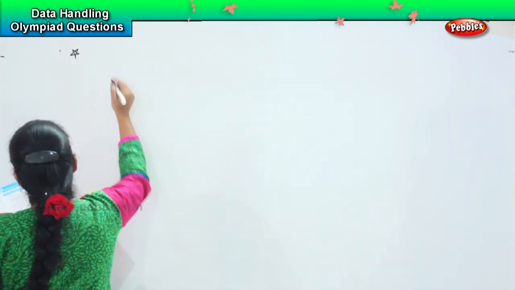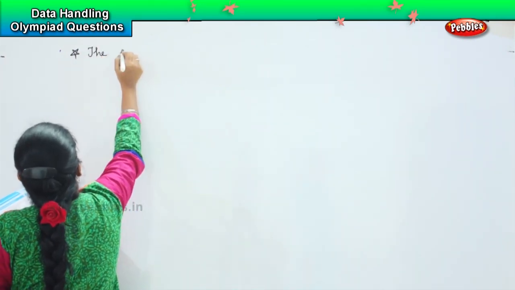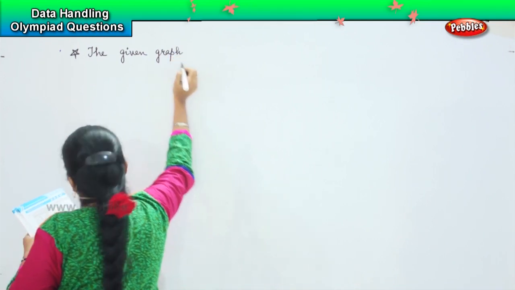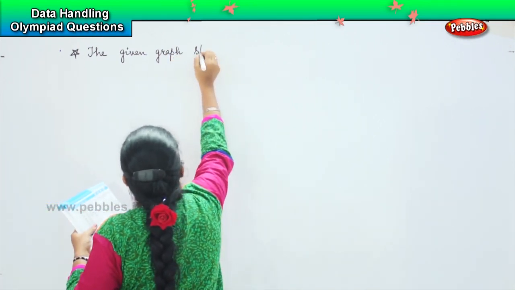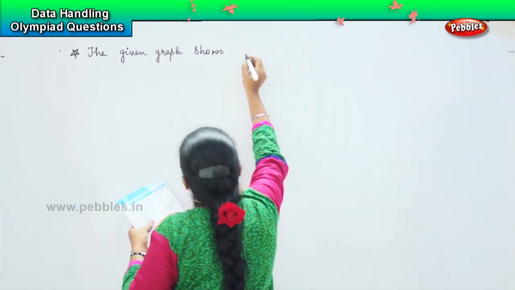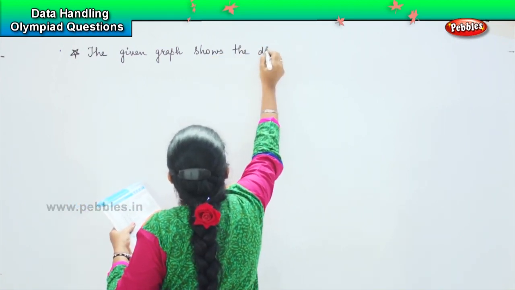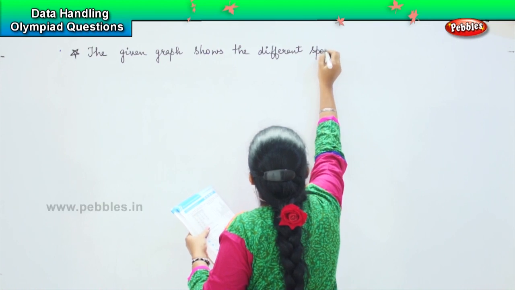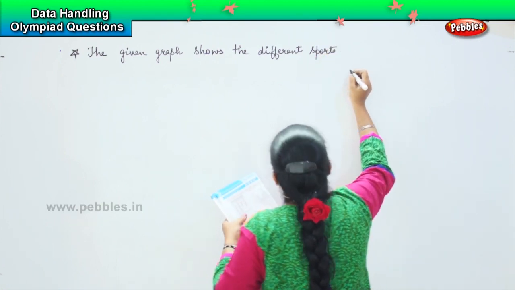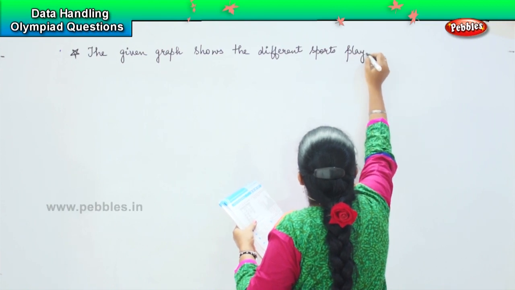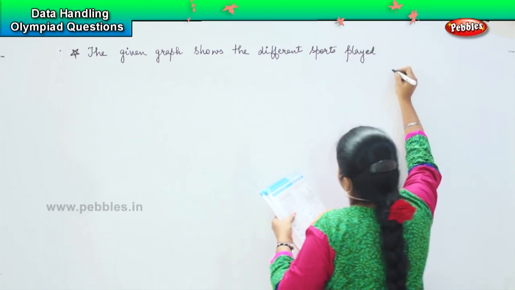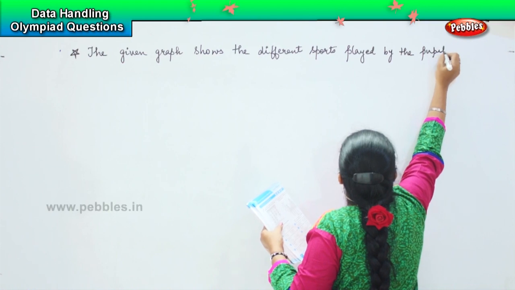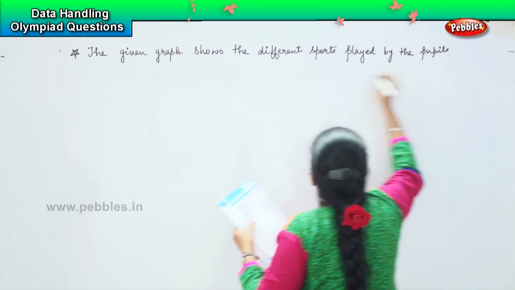So the question is: the given graph shows the different sports played by the pupils of a certain school.